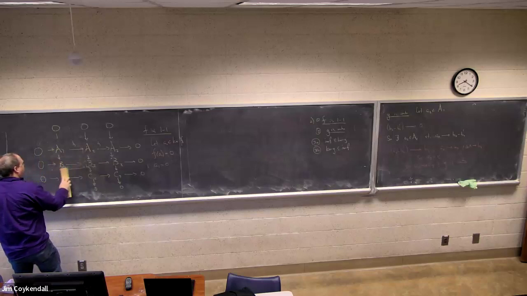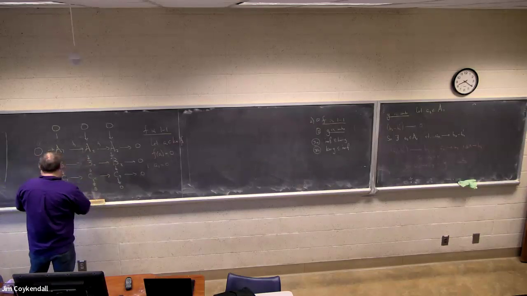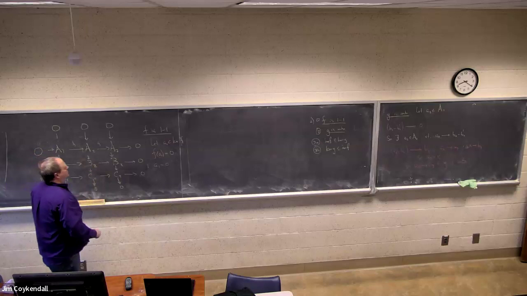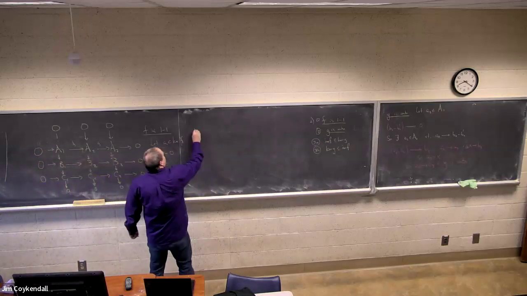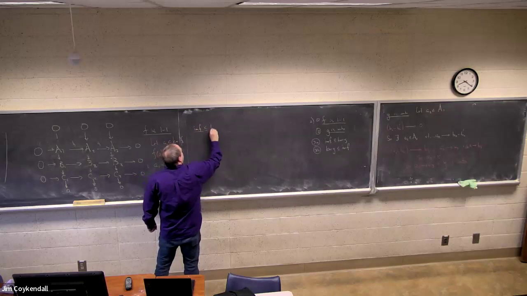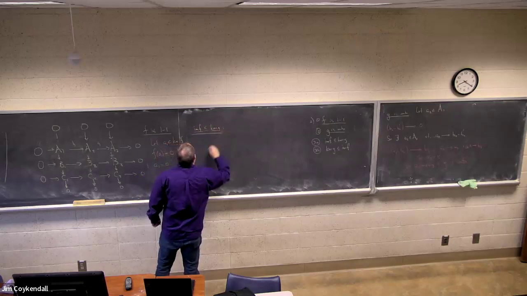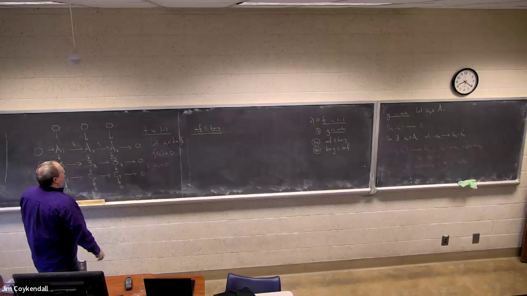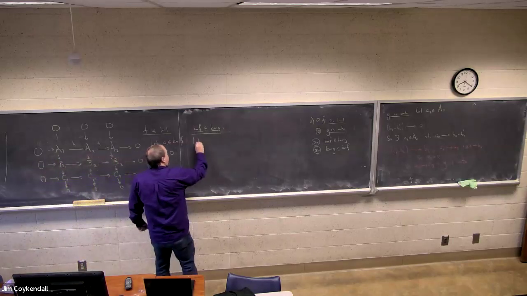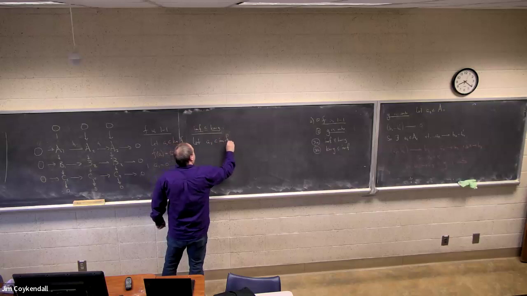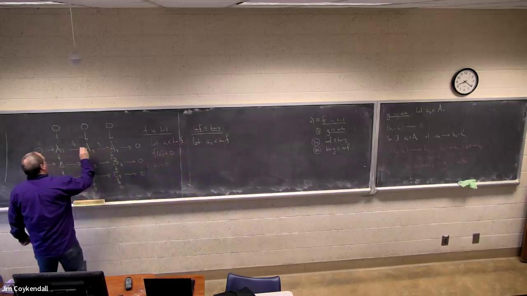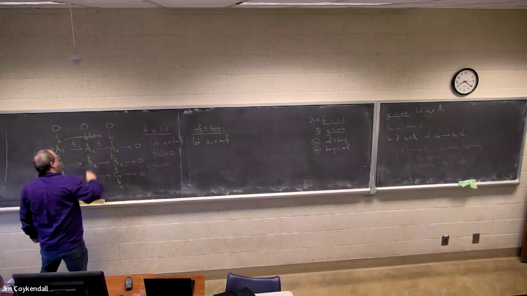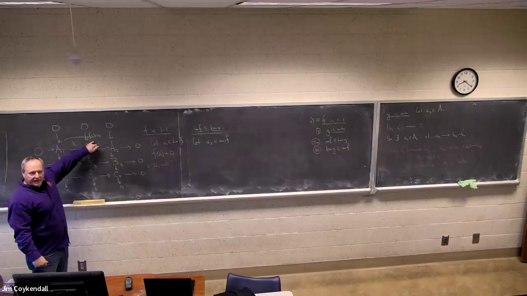Hold it here. And let's look at, I want to show that the image of F is contained in the kernel of G. So let A2 be in the image of F. So A1 goes to, let's say, A2.